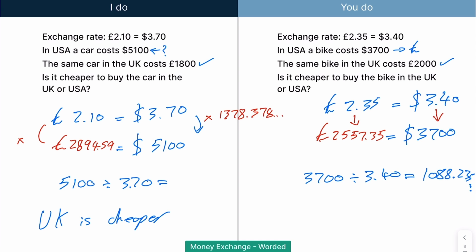Okay, so now if I compare that to that, I can see the bike is cheaper in the UK. So again, the conclusion here would be UK is cheaper.